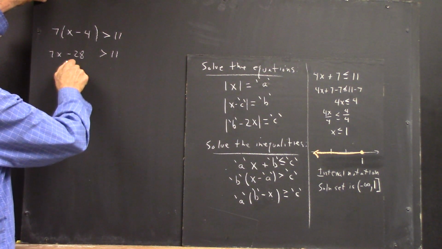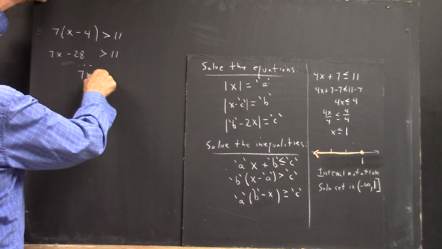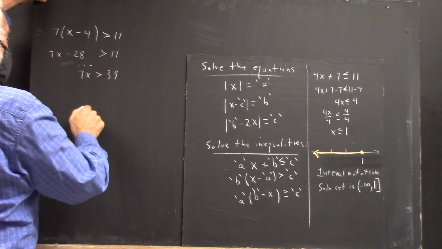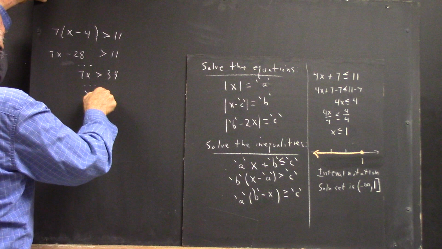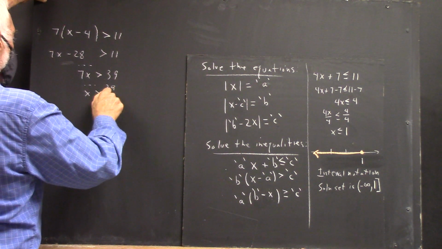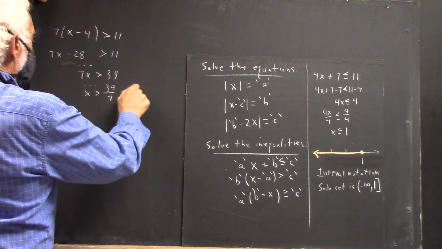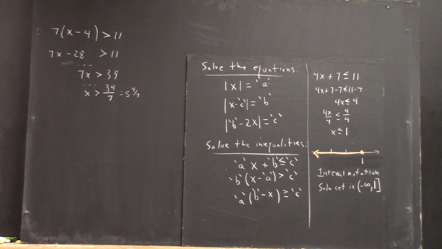So that, and I'm going to skip a step here, 7x is then greater, you've got to add 28 to both sides, you're going to get 39. So that x is greater than 39 over 7. And of course that equals 5 4/7 if you want to locate it on the number line.